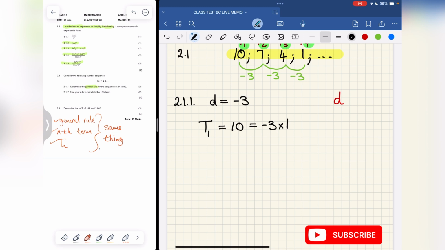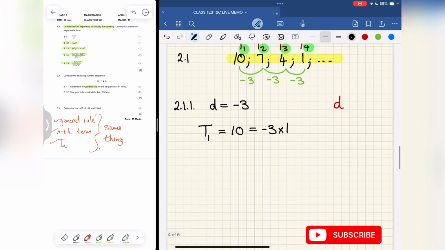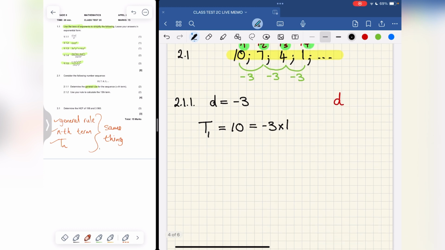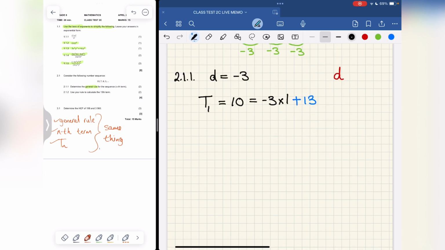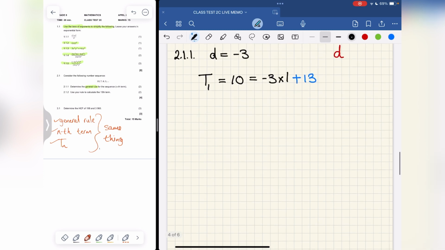So what can we do to make this equal to 10? Then we can maybe repeat that and see if it works for all the terms. Negative 3 times 1 is negative 3, and in order for me to get to 10, I need to add 13. Let's see if this works for term 2 as well.